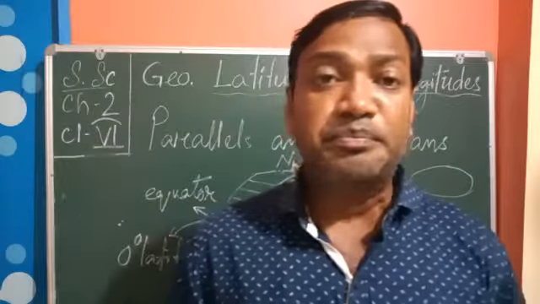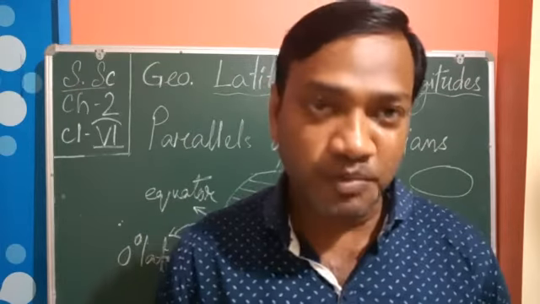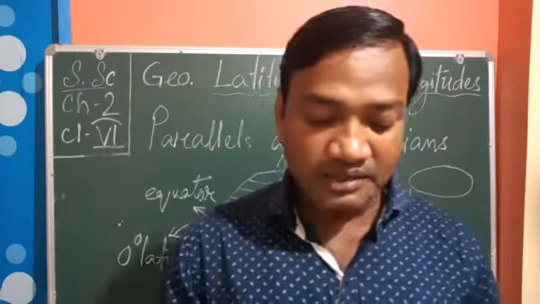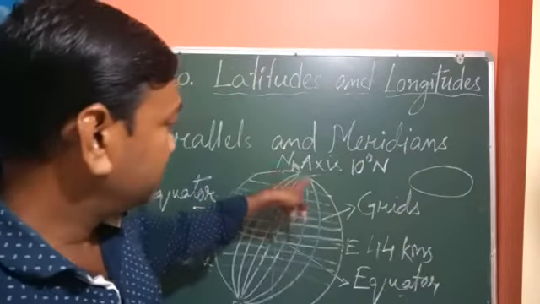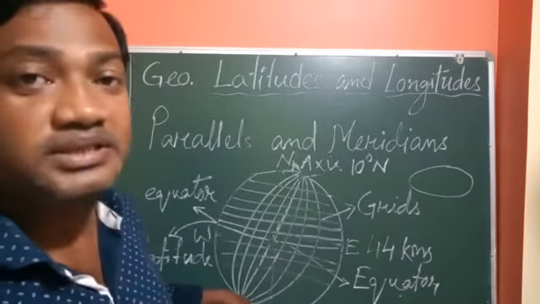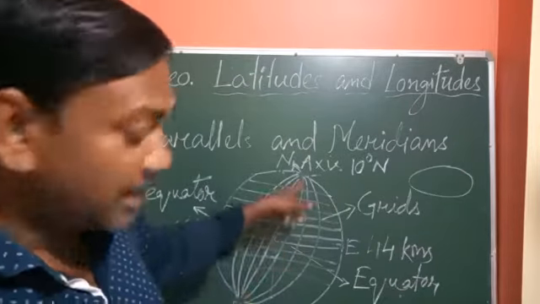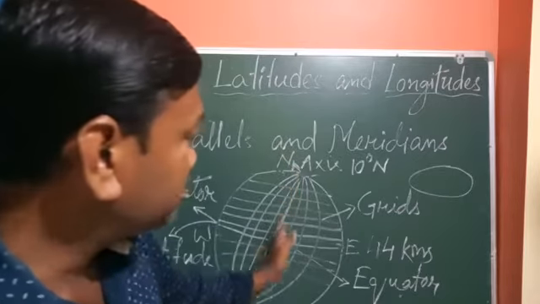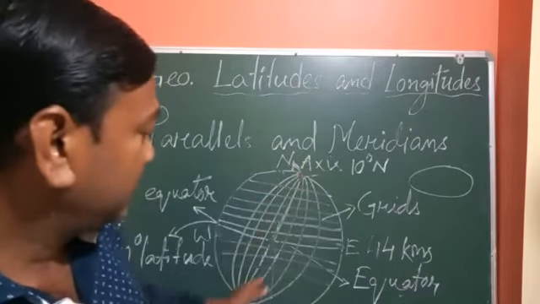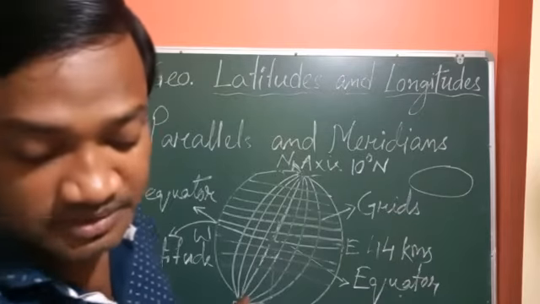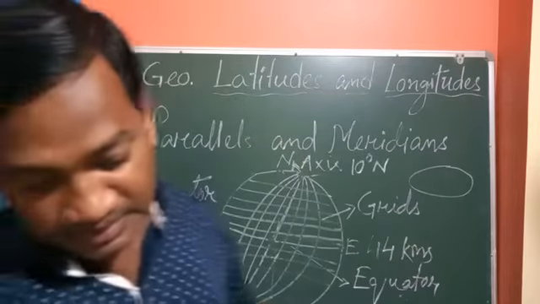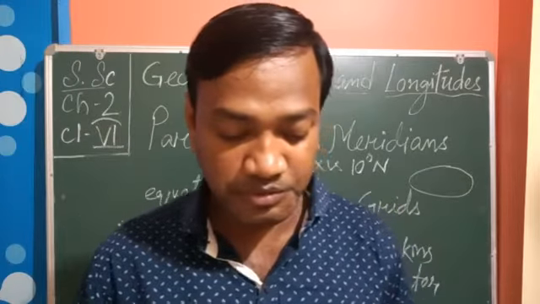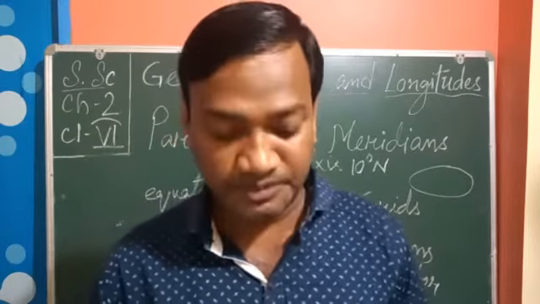Some important parallels are there on the globe. The axis of the earth, this is the axis, is an imaginary line, and the axis of the earth is inclined. That means it is not straight. It is inclined, clear? At an angle of 66.5 degree to the plane of its orbit.